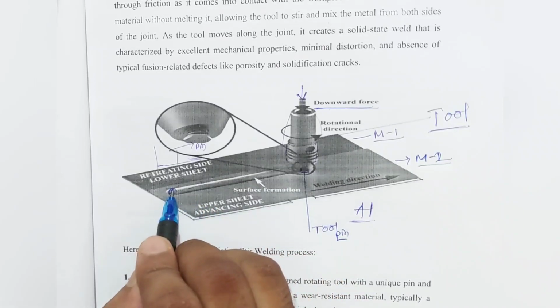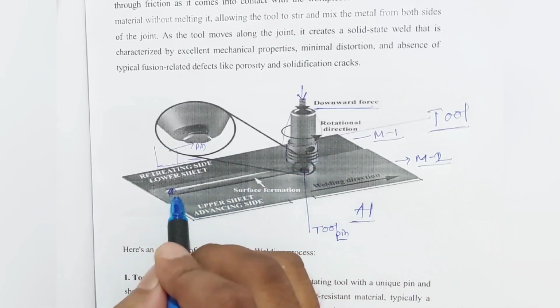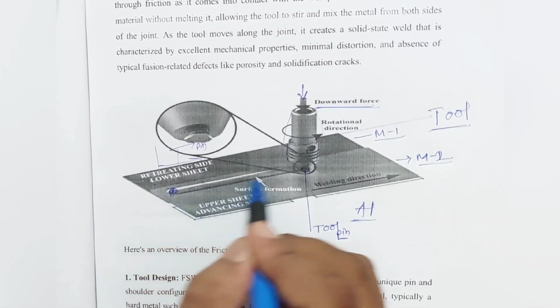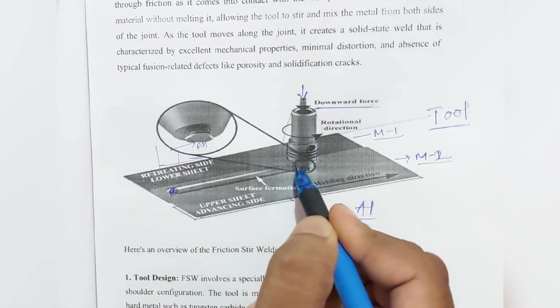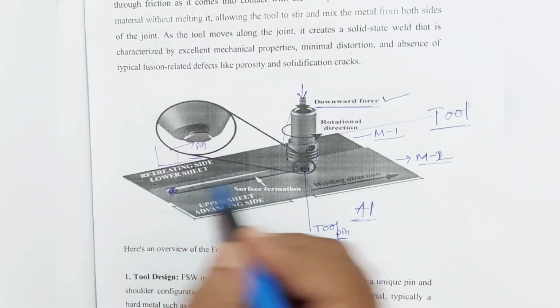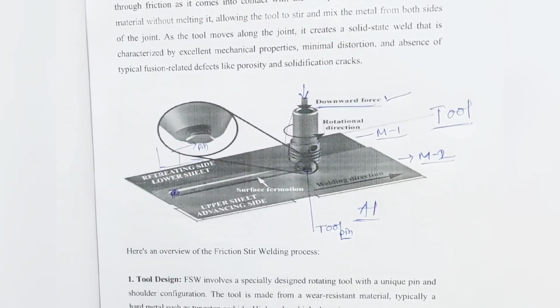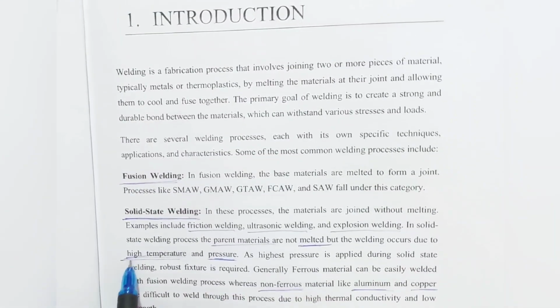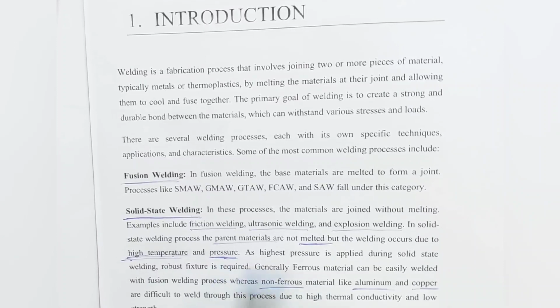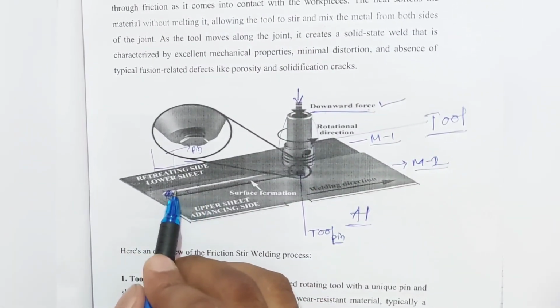The traverse force is applied on this tool, then the tool moves from here to here, a particular pressure is applied on the tool and the tool is rotated. Due to the rotation of the tool, high temperature and pressure are created, so that's why it is able to weld the metal.